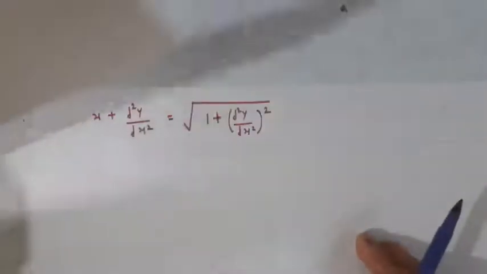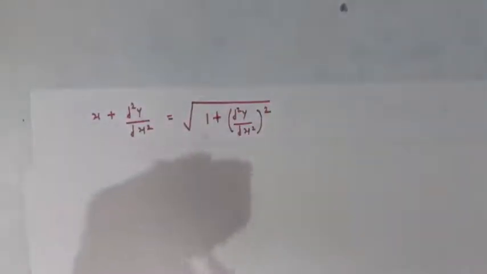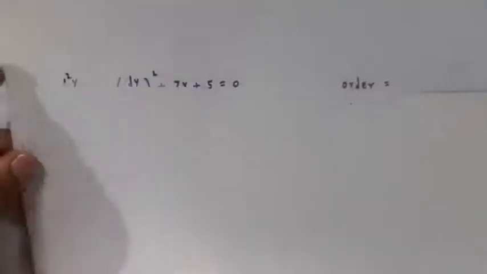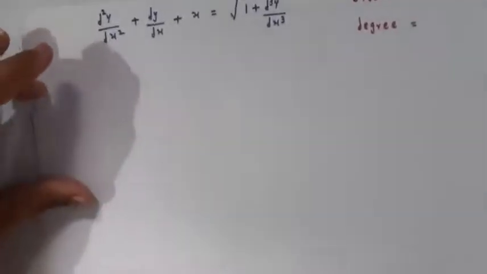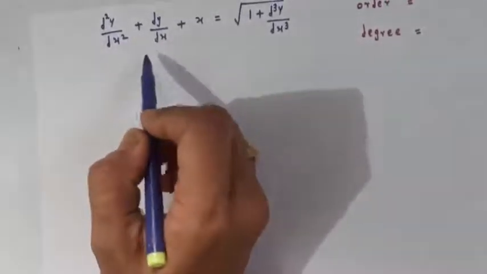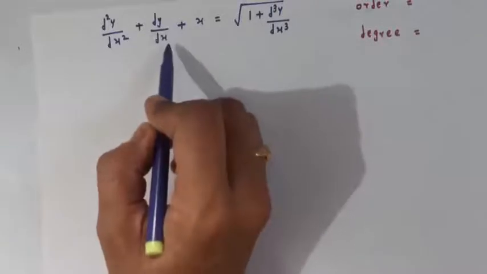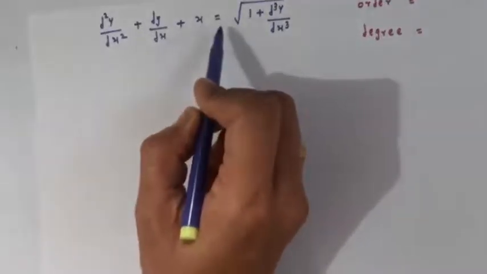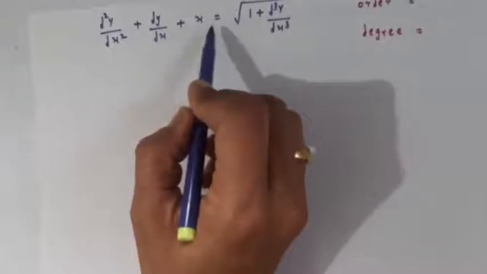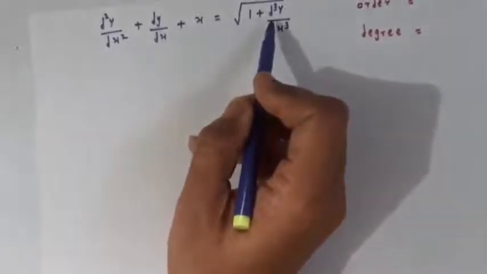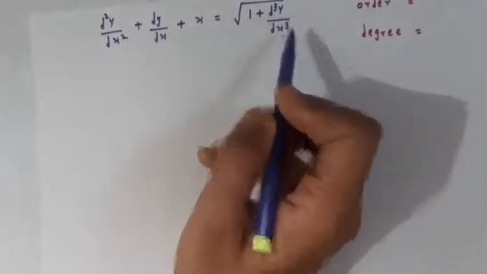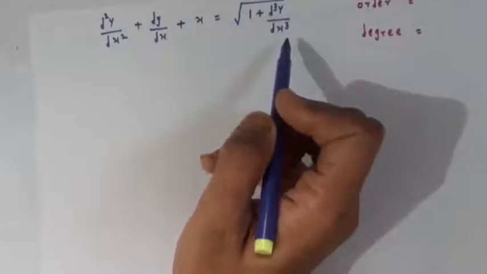Now the next problem is: find the degree and order of the differential equation d2y by dx square plus dy by dx plus x equal to the square root of 1 plus d raised to 3y by dx cube.